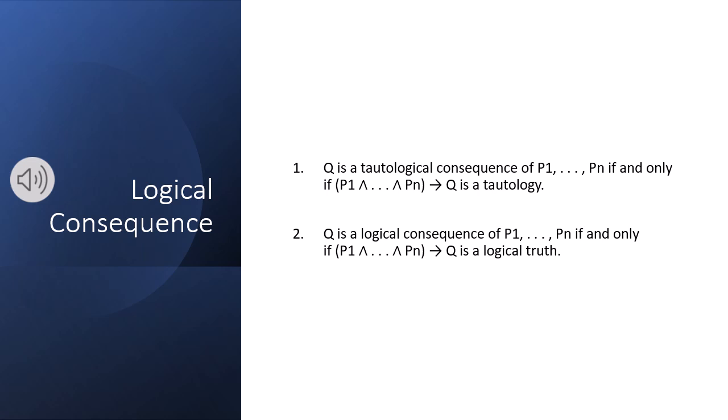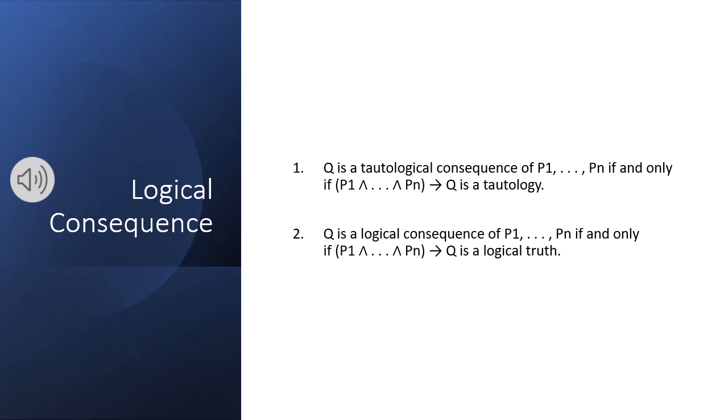And the same thing is true for logical consequence, except we replace the notion of tautology with logical truth. So if that conditional statement with P1 through Pn and Q is a logical truth, then we have a logical consequence.